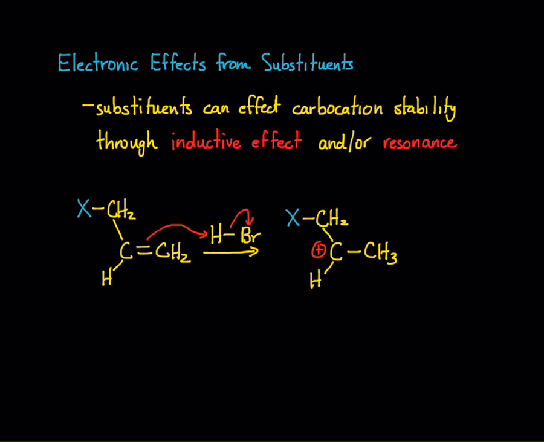Now, what happens to the rate of this reaction when we vary X? Well, let's say X is either a hydrogen or a halogen. So hydrogen is kind of our baseline, and now bromine is certainly electron withdrawing, right? And we look at the rate of this type of reaction, and we see that for hydrogen it's 1, and so that's a relative rate.